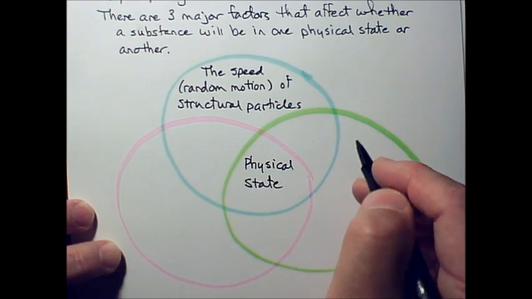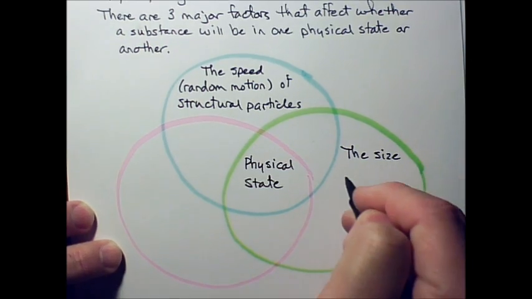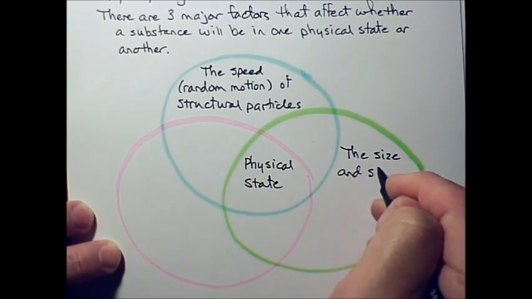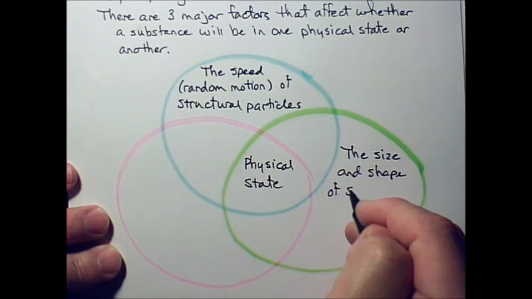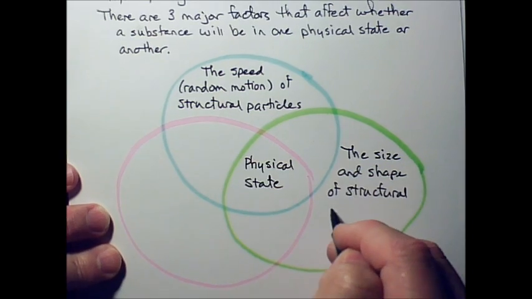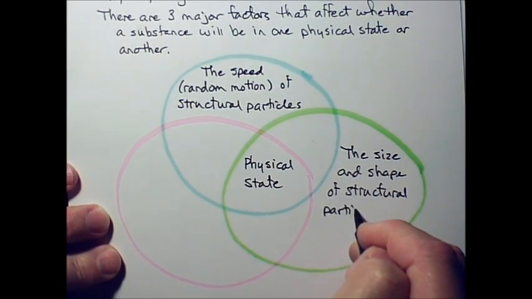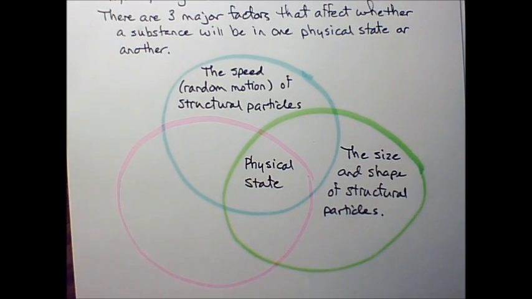So we're going to put that in this circle over here. So it's how fast they're moving and how big they are that helps determine whether it's going to form a solid, liquid, or gas.